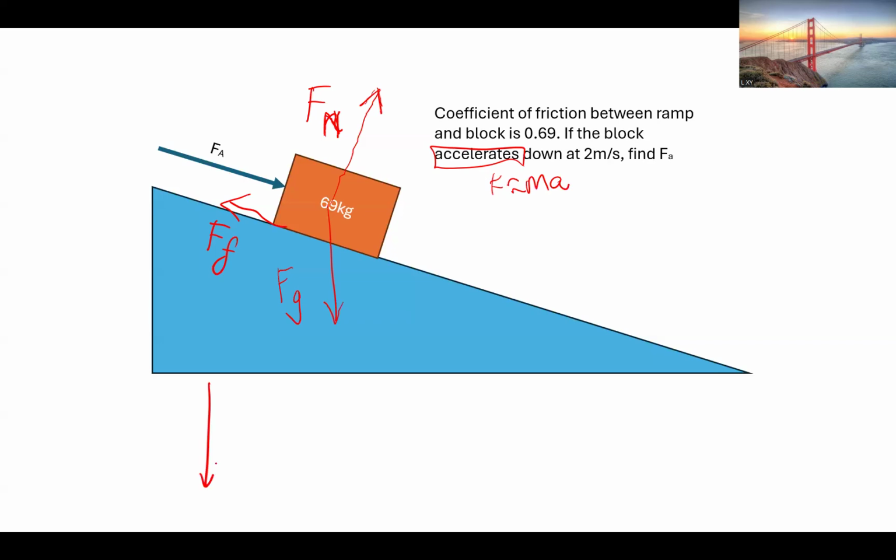Firstly, the gravitational force can be resolved into two other vectors, and we have to find this angle, which is theta. Over here, this is sine, so we get Fg sine theta, and at this side is Fg cosine theta.